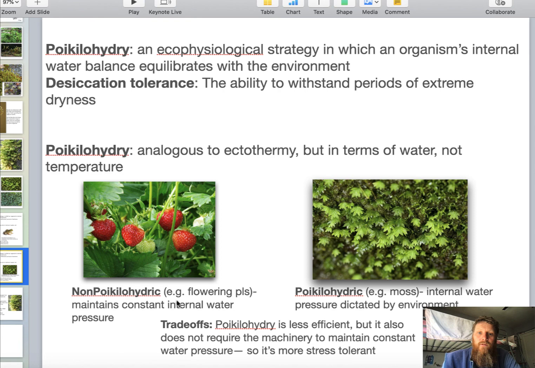And so there are trade-offs. They can't live in certain kinds of environments, and they're not good competitors. And so they're more on the stress tolerator end of things. But it's certainly a case that they're not just scaled down vascular plants.